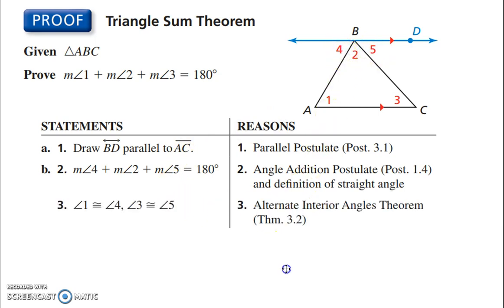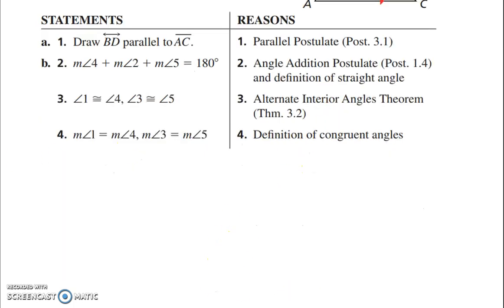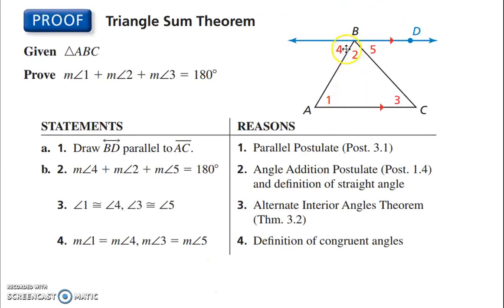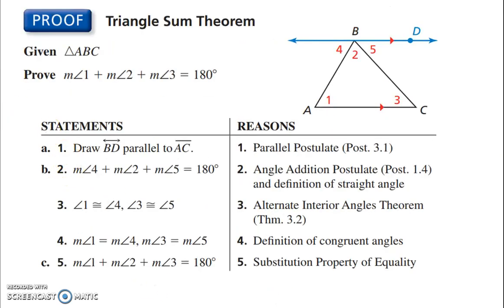Now, I know that 4 and 1 are congruent, so are 5 and 3, because they are alternate interior angles. And so I can say that those measures are equal, so I can substitute 1 for 4, 3 for 5, and that way I know that those three add up to 180 degrees.